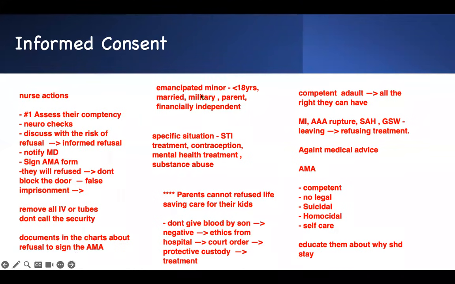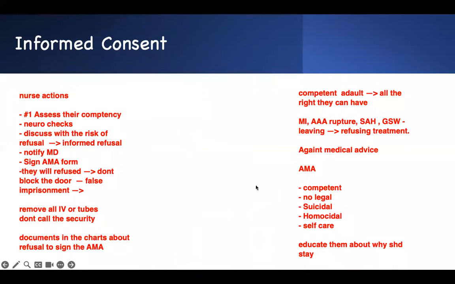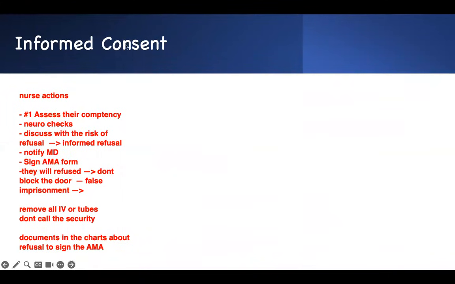There are some situations where we have to keep these patients. Well, that's what we call involuntary admission. I briefly said it, but I just want to put it under this involuntary admission heading so that you will not get confused.